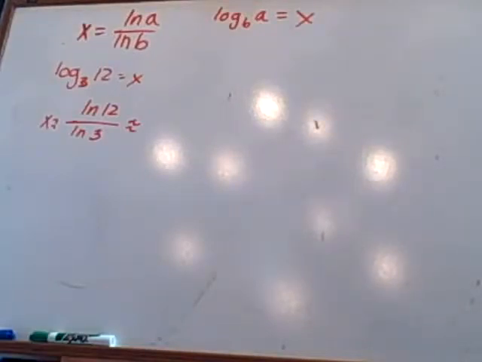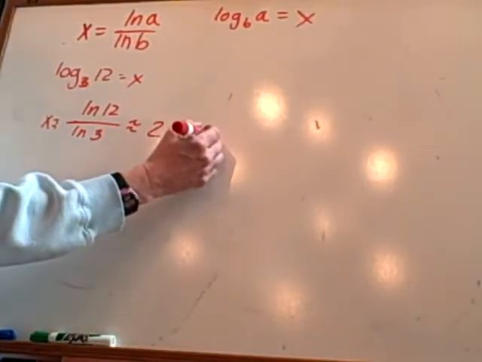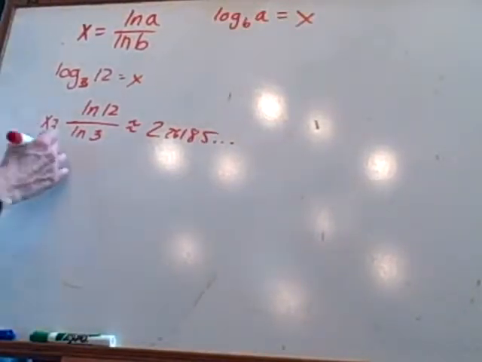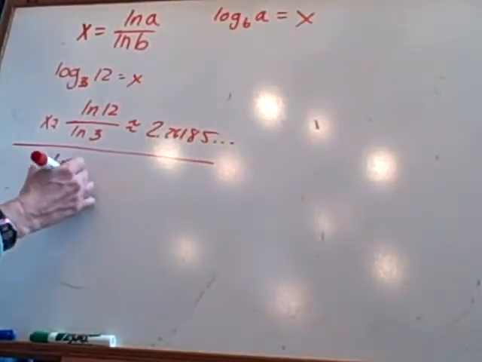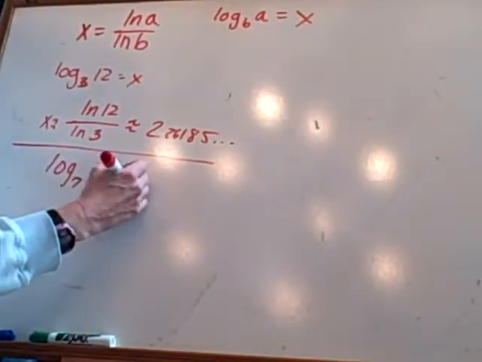Make sure you put your parentheses in the right place. I got 2.26185, yada yada yada. So far so good? So let's look at our next one, log base 7 of 0.4 is approximately what?